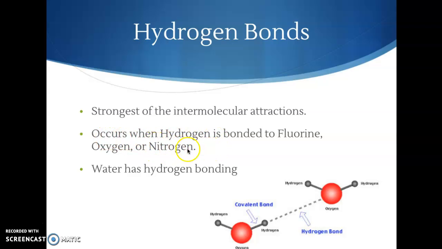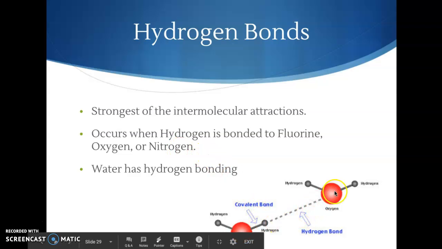The best example of this is water, and you want to draw this picture down here. This is a water molecule right over here, and this is another water molecule right over there. Within that water molecule, it's a covalent bond that holds it together. Now the hydrogen bond is between 2 different water molecules.